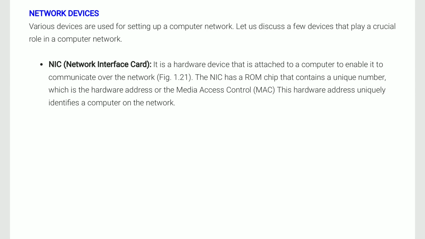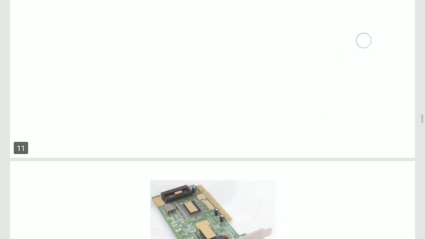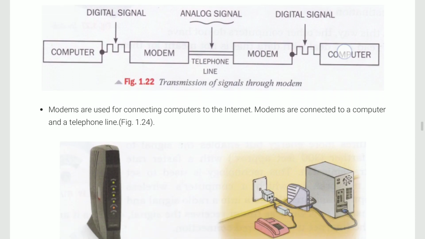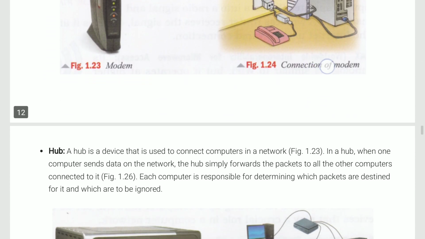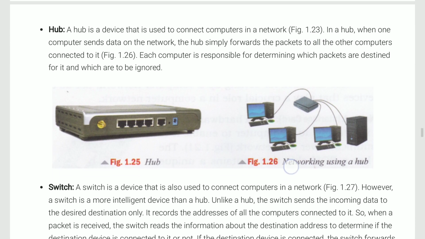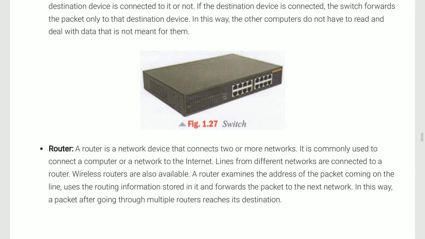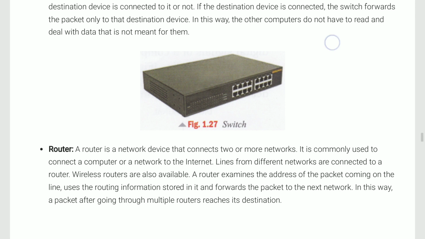There are many types of network devices used in networking. Some of them are as described in your book: NIC, network interface card; modem, modulator demodulator; hub, switch, and router.